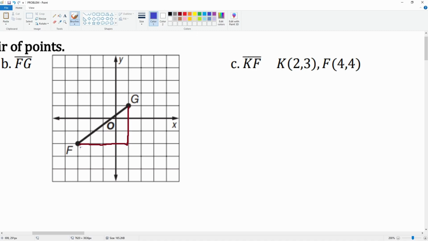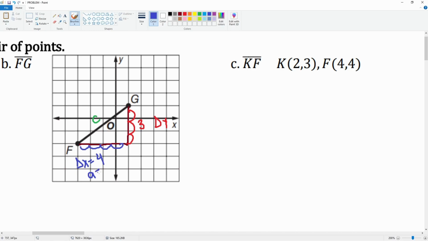So here it is 1, 2, 3, 4. 4 is my x distance. And then we have 1, 2, 3 as my y distance. We know that this hypotenuse can just be treated as c.